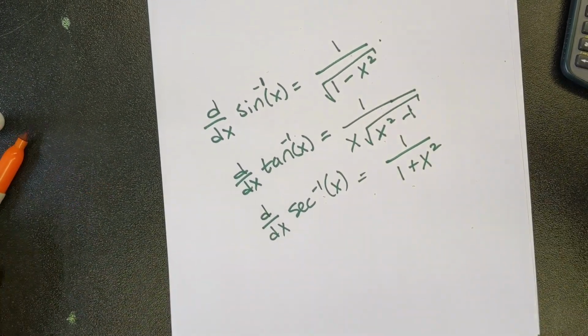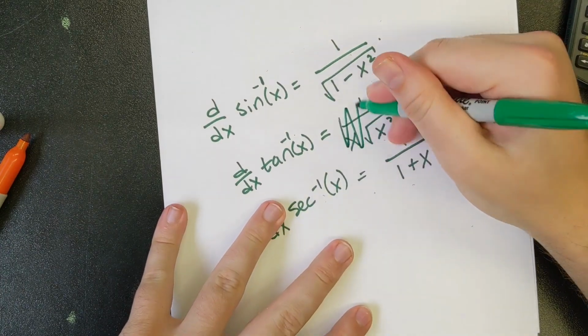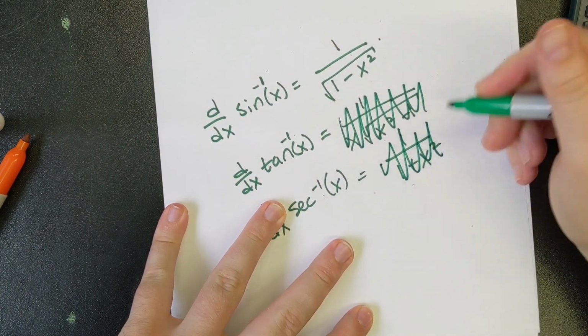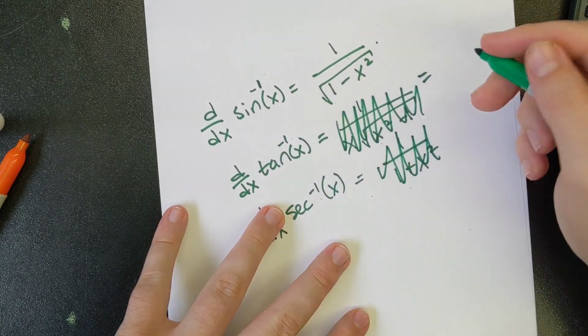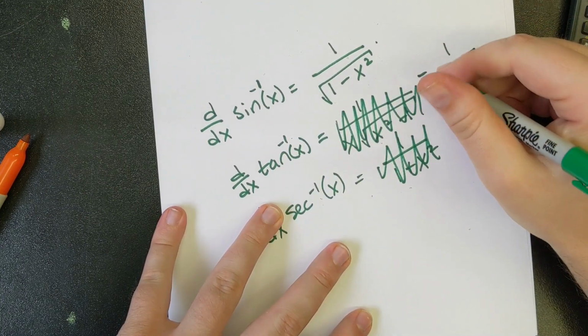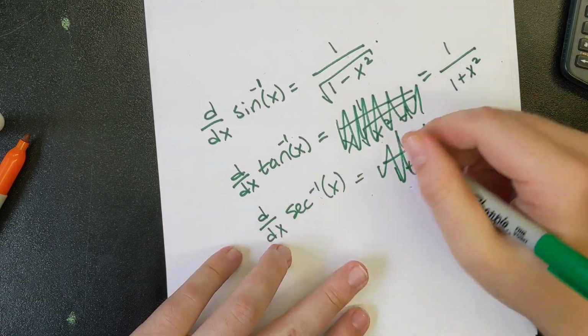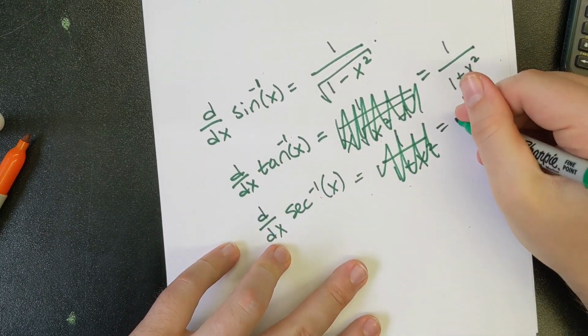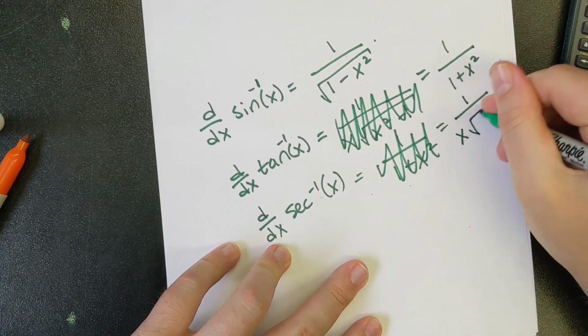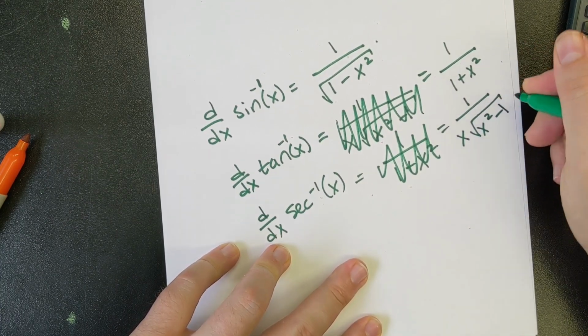Oh, no. The derivative tangent is secant squared. Oh, okay. No, I'm sorry. These are backwards. The derivative tangent inverse is 1 over 1 plus x squared. The derivative secant inverse is 1 over x times the square root of x squared minus 1.